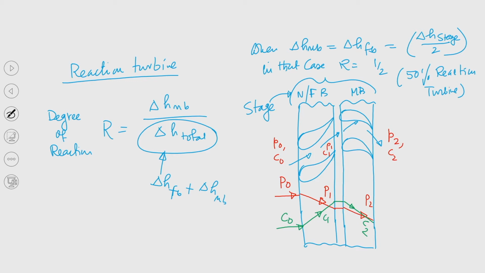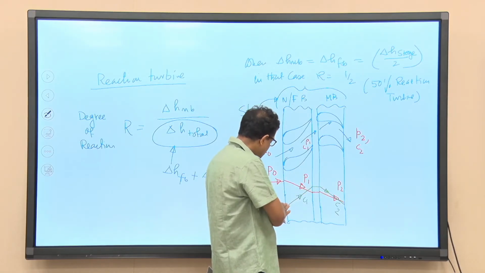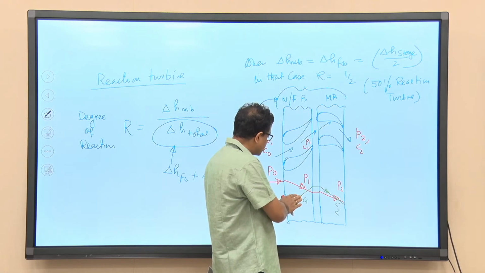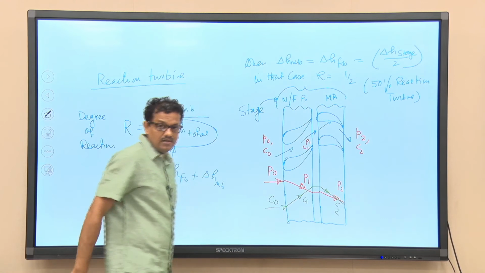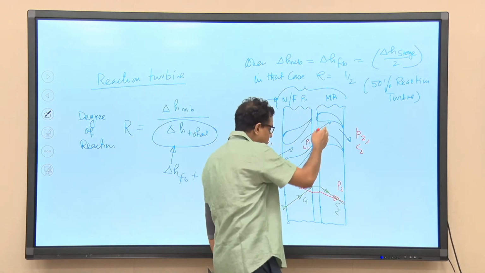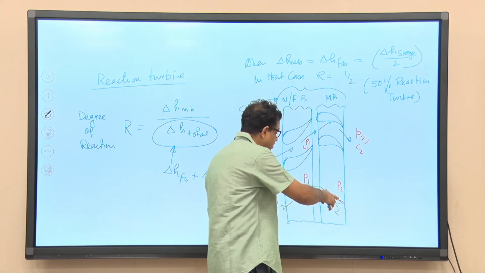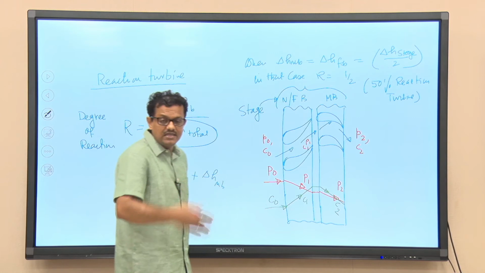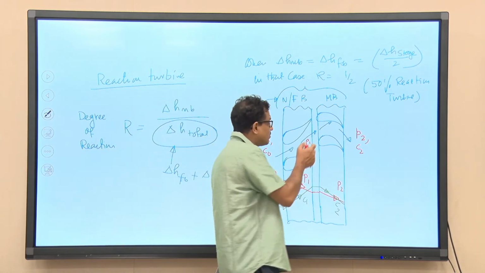So, try to understand that there is a pressure drop both in the fixed blades as well as in the moving blades, right. Also velocity increases while steam is passing through the fixed blades, and that is what is needed, because steam eventually will strike the moving blades in the form of a jet. Also there is a change in pressure, as a result of which there will be a slight increase in the kinetic energy. That is very important to understand.